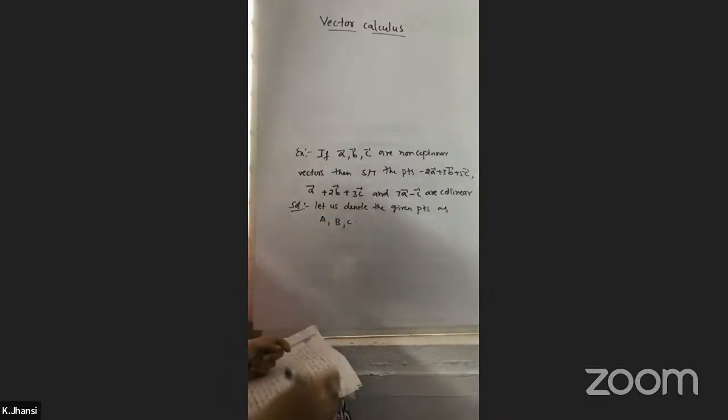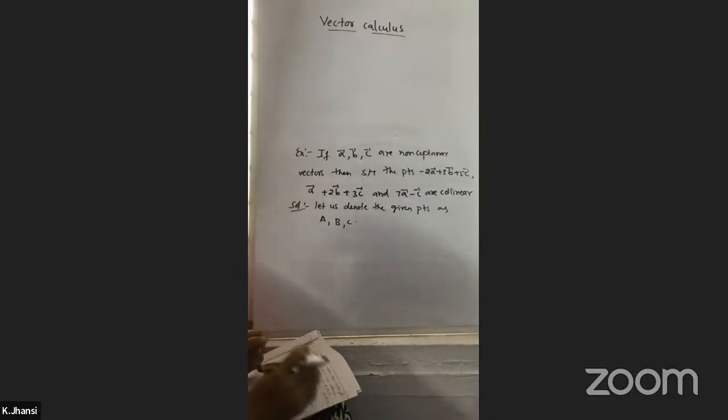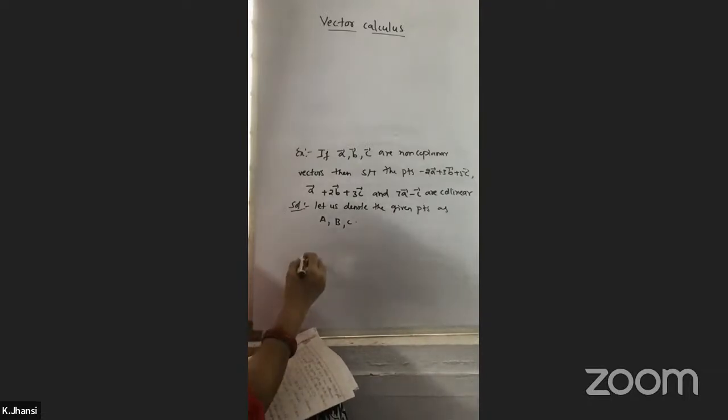Okay. The position vectors: if you take from the origin to point A, that is O to A, and O to B, these are called the position vectors of the given points.